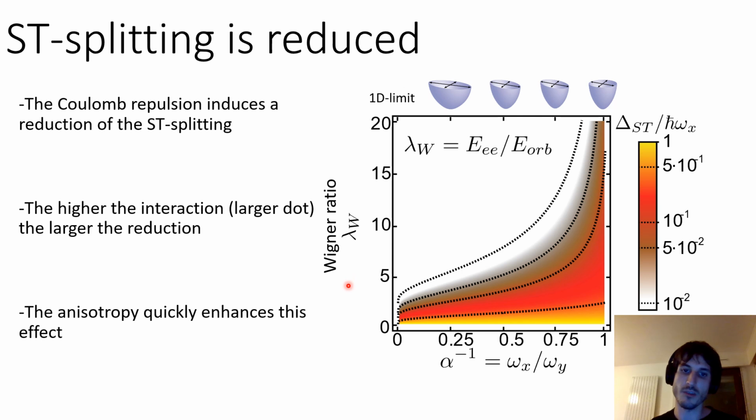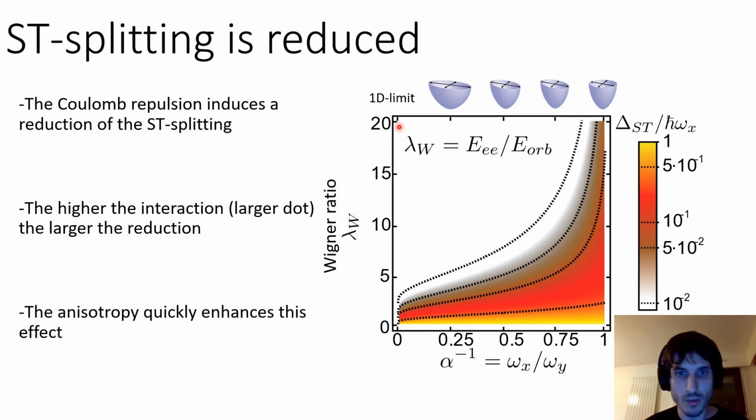And the Wigner ratio, when it is 0, means that your orbital energy is dominating your electron-electron repulsion, so you have a very, very small dot. As you increase this value, it means that your electron-electron interactions start to dominate, which means you have a larger and larger dot.